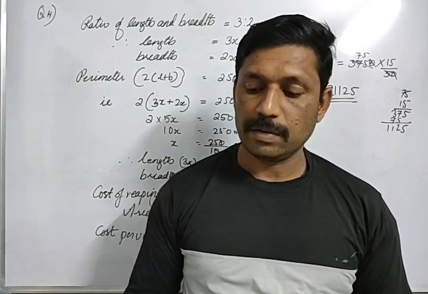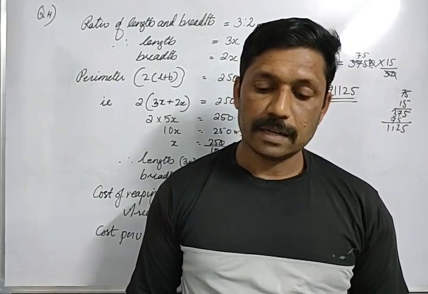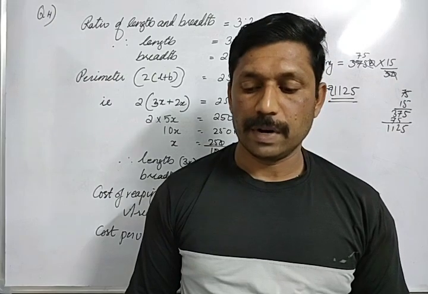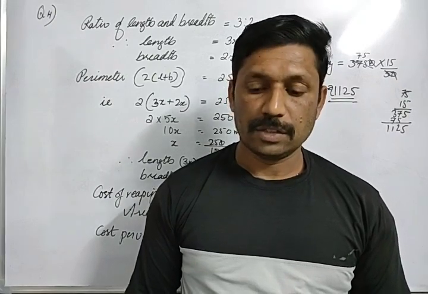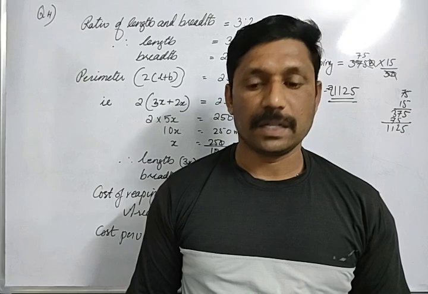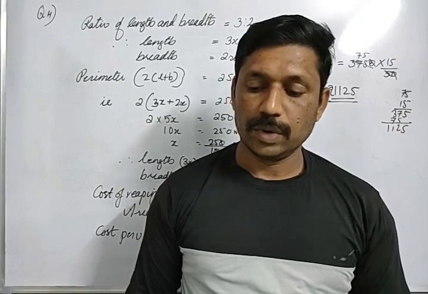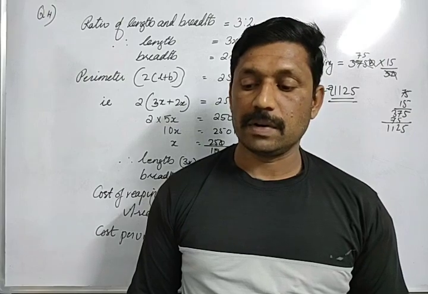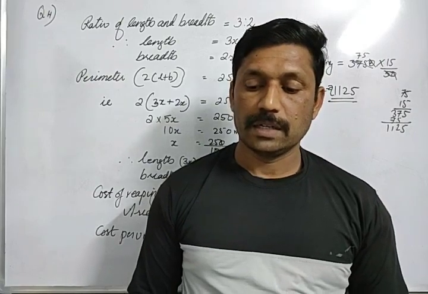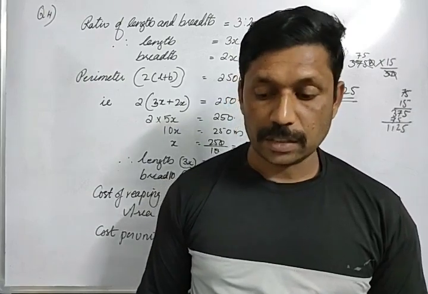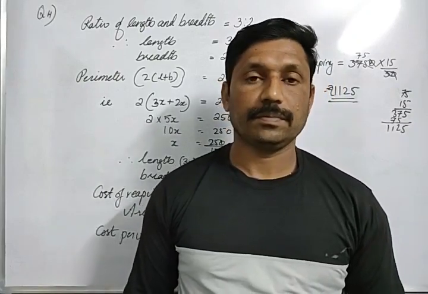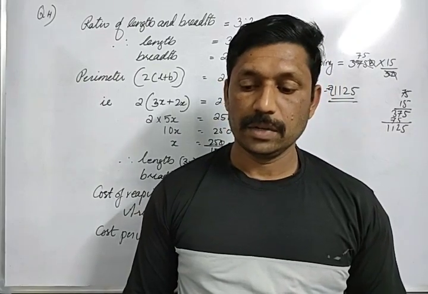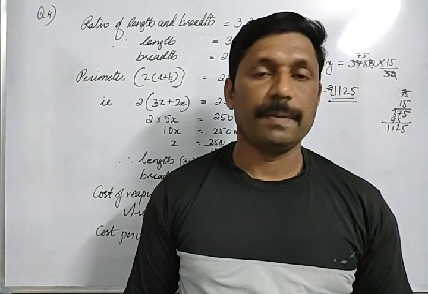So first we find out what's the length and breadth of that rectangular field. Length we assume x and breadth is 2x. So length into breadth is given 1058 meters square. So that means 2x into x is equal to 1058 meters square.